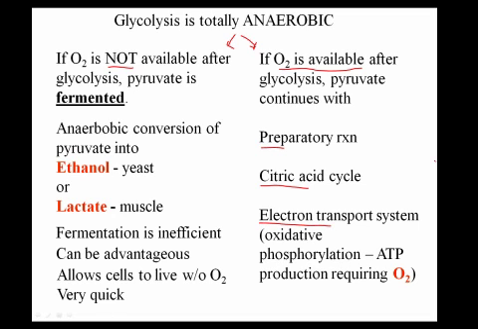So this is the aerobic pathway. It is aerobic because oxygen is required, and the oxygen is required down in the final step. The last thing that happens is called the oxidative phosphorylation, where we convert ADP back to ATP. This is where the bulk of the ATP is produced, and this does require oxygen.